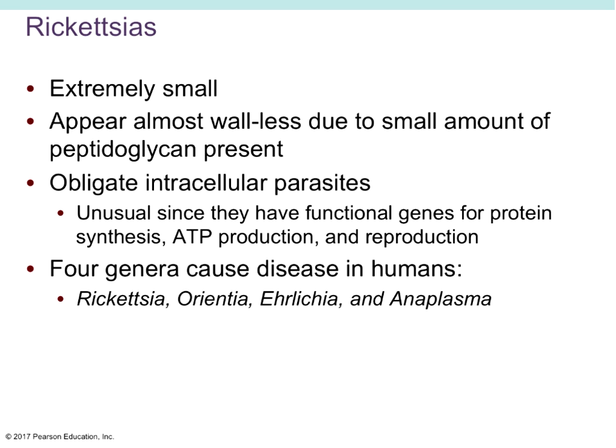Therefore, they're going to require some sort of vector for transmission. And as I said before, they're obviously intracellular parasites, and they kind of use the host machinery to make ATP and to reproduce. So there are four big genera of diseases in the Rickettsias: Rickettsia, Orientia, Ehrlichia, and Anaplasma.